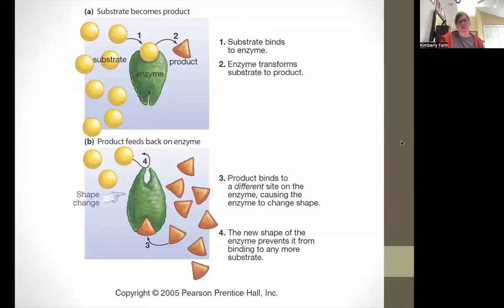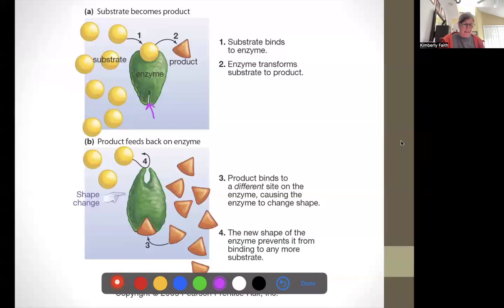The enzyme then changes it to the orange pie. Now, notice we have the secondary binding pocket. So once we have enough orange pies, basically the concentration increases, so it's more likely that it will bind to the secondary site, and it tells the enzyme, nope, we're good. We have enough orange pies. We don't need any more.